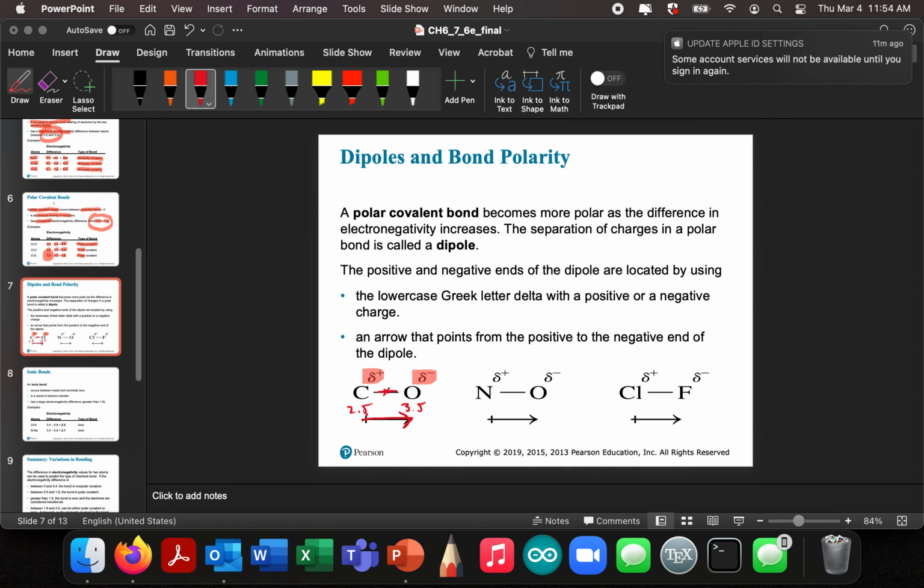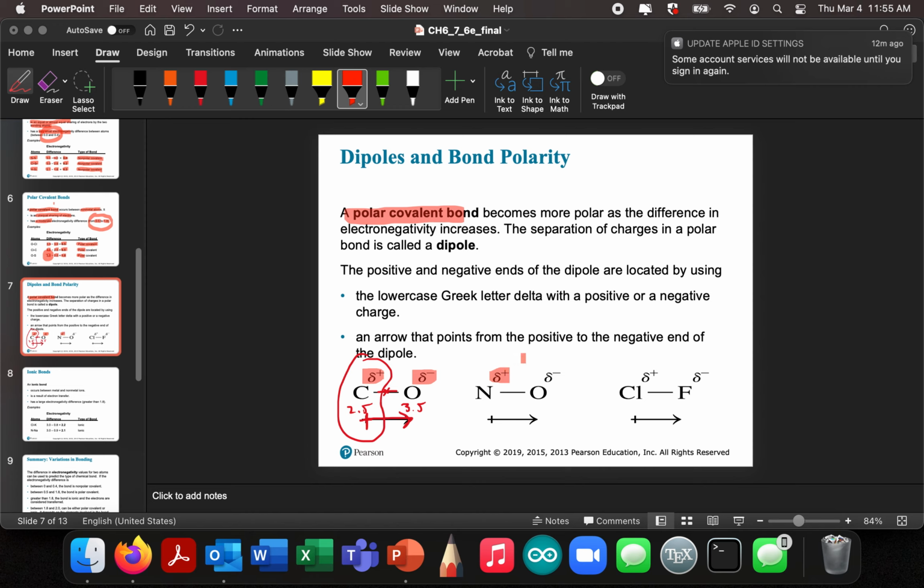We write an arrow with a plus sign next to the one that's less electronegative, right? You see that plus right there? We write an arrow with a plus sign by the atom that doesn't have its fair share of electrons, right? And the arrow goes toward the atom that's pulling harder. So we call this a polar covalent bond, and this is how we represent it.